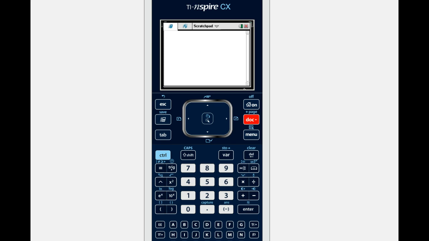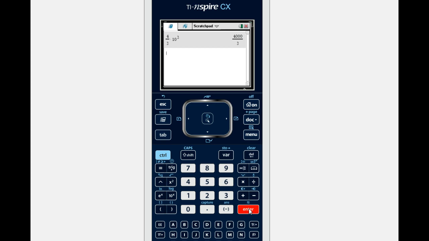So when I use my Inspire, I do 4/3, and I put parentheses around it. And then I'm going to put my r, and I use the caret button, cubed, and click enter. Now you can see it gave you a fraction, and I know that's going to have pi on the end.